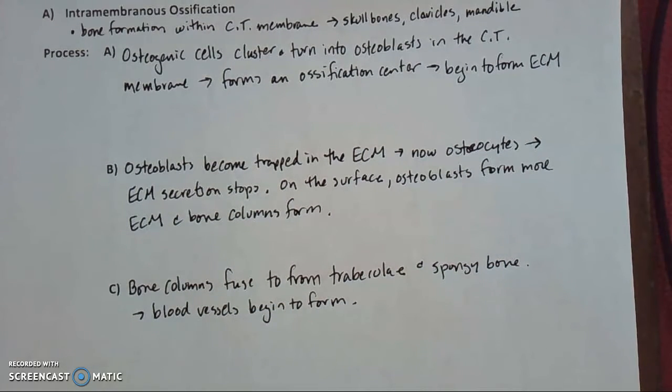So during this whole process, as the bone begins to develop, the cells secrete different chemicals that promote angiogenesis, which is the formation of blood vessels that will actually grow to the bone to provide nutrients, calcium, phosphorus, and all the things needed to make bone ECM.